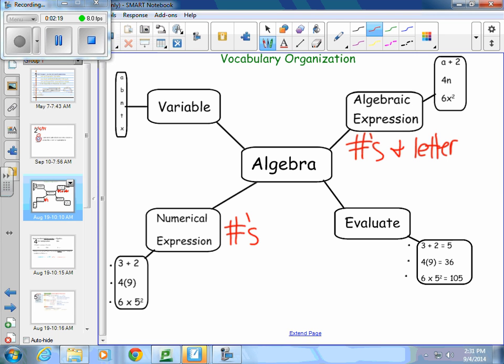For example, a plus 2, 4n, 6x squared. The letters a, n, and x are called variables, which I know that you've heard before. So our variables represent a number that we do not know and we usually are trying to figure out. So we have numerical expressions and algebraic expressions.